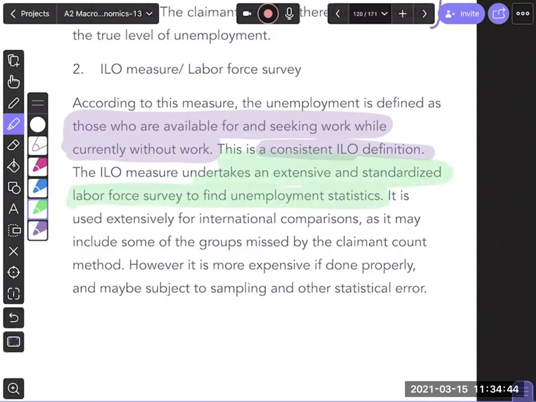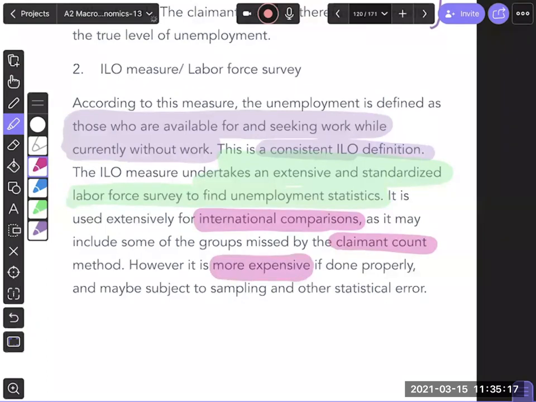That's why it's very extensively used for international comparison, because it's reliable, as it may include some of the groups not included in claimant count. Those people who are not getting unemployment benefits are also sometimes unemployed, so it will include that. But the downside of using this method is that it is expensive, because it's a large survey which is undertaken.